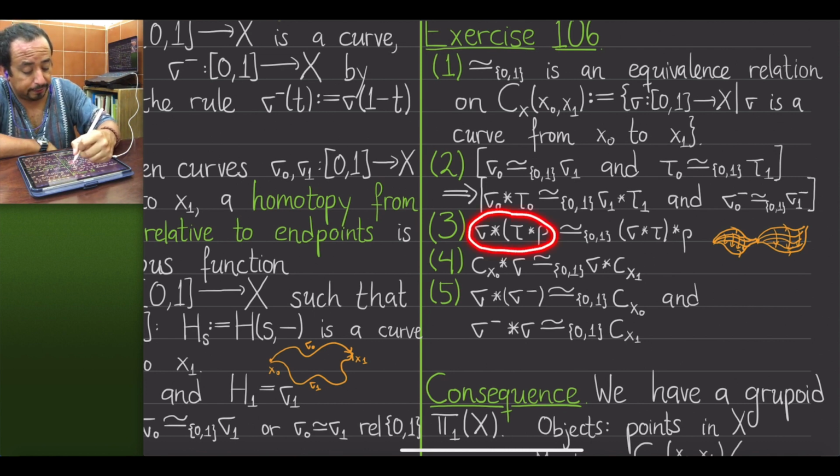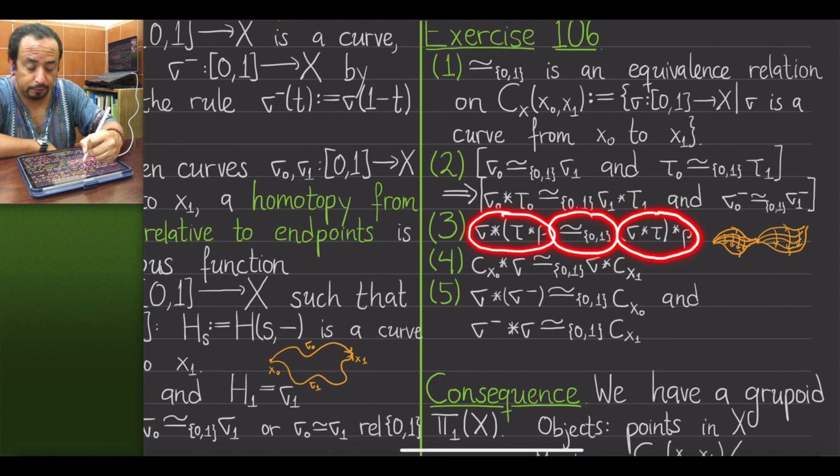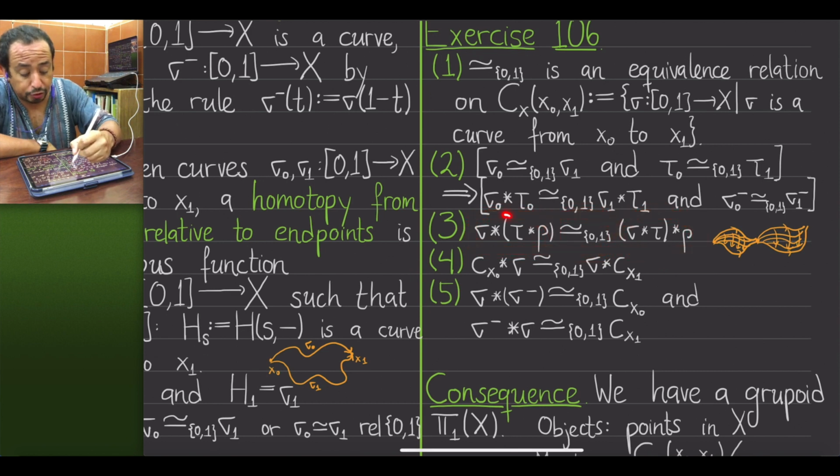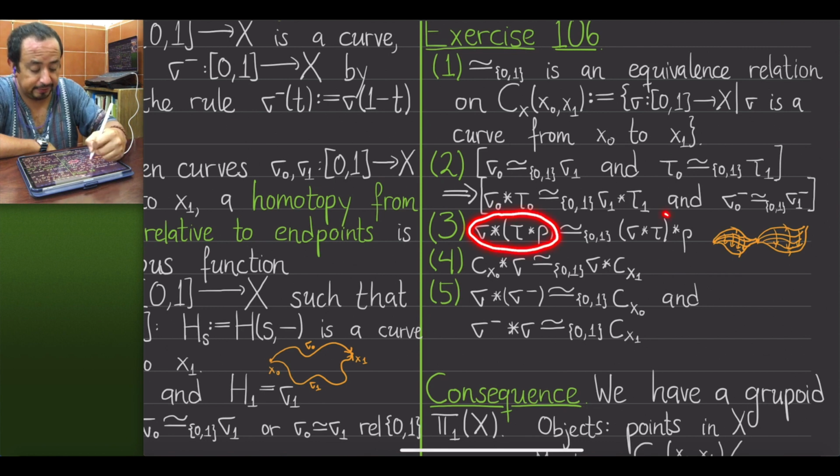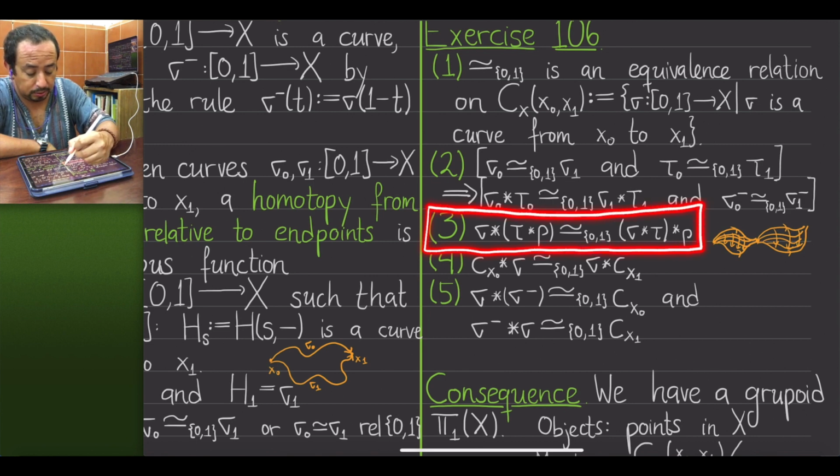Concatenation is associative up to homotopy relative to endpoints. So it is not true that this concatenation is equal to this concatenation. And here again, I'm not writing the hypothesis that these concatenations make sense. So condition three makes sense only when the curves can be concatenated.